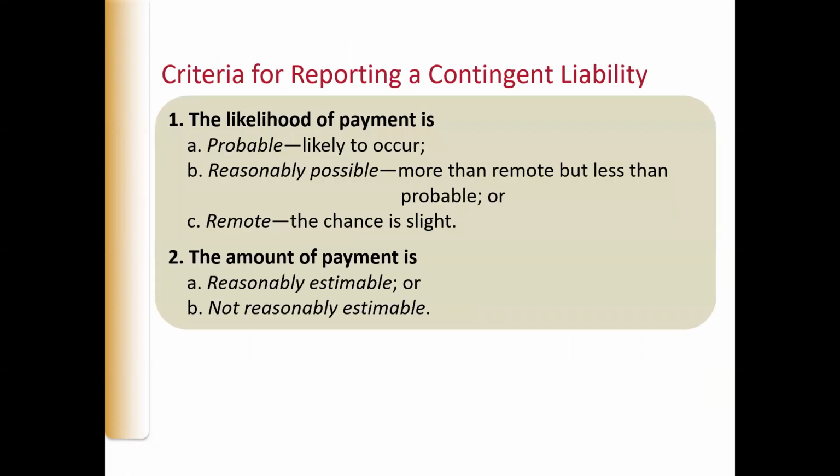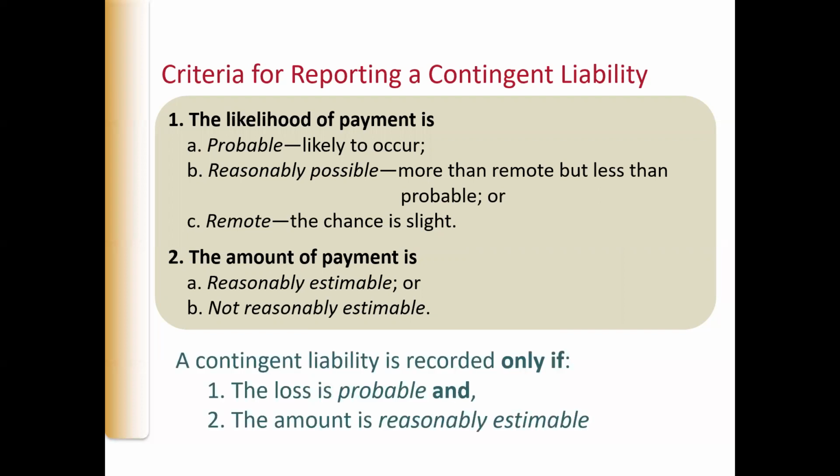Here's the deal. If the likelihood of this contingent liability is probable, and if we can reasonably estimate it, we're going to report it. We only record it in the books if it's probable and the amount is reasonably estimable. That is it.